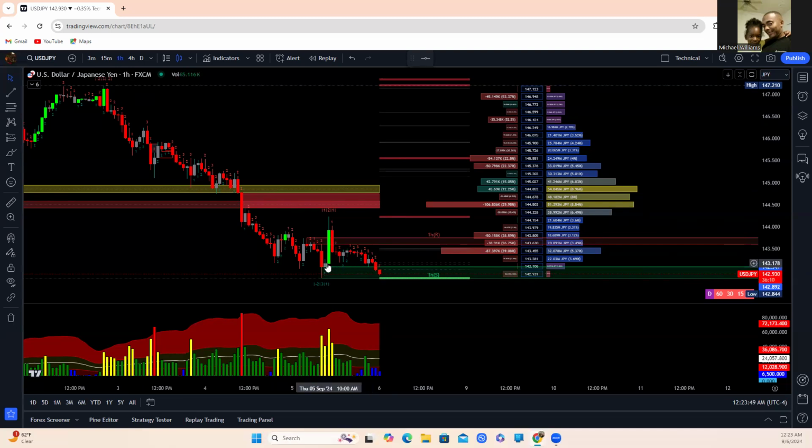But I would only do that if there's an opportunity for me to get more pips, a good amount of movement in that direction before the trend turns back, before price reverses back and continues on what it was doing.